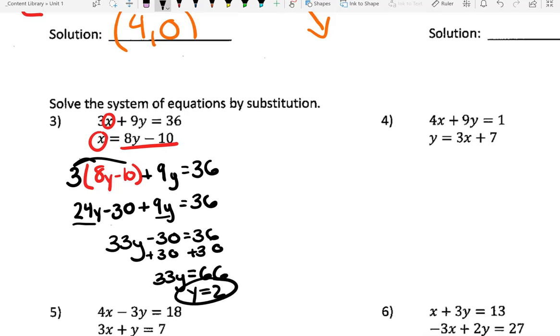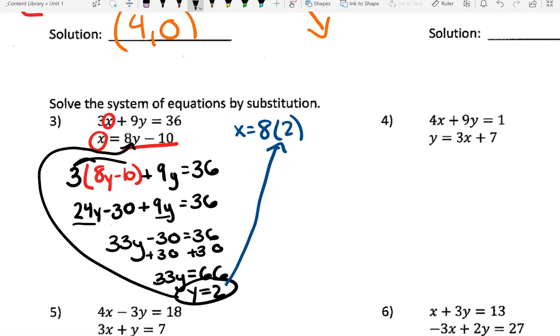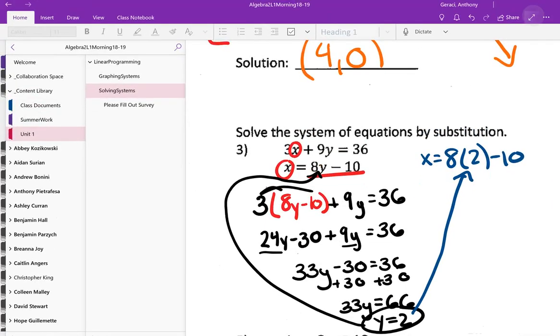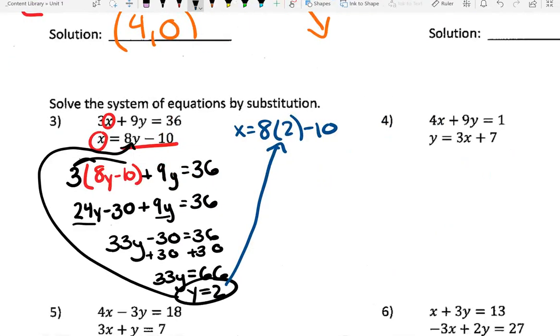Okay, so once you have 1, you have to plug it in to the problem. Doesn't matter what one you choose. I'll choose this one. We'll have x equals 8 times 2, because that's what we found out, minus 10. Okay, so put that 2 in and solve.